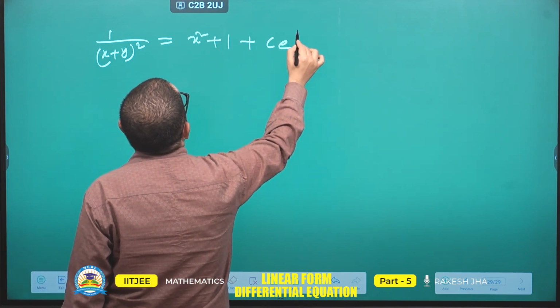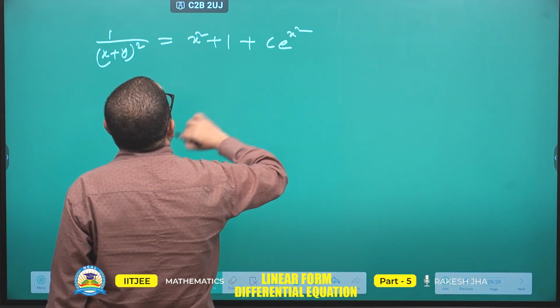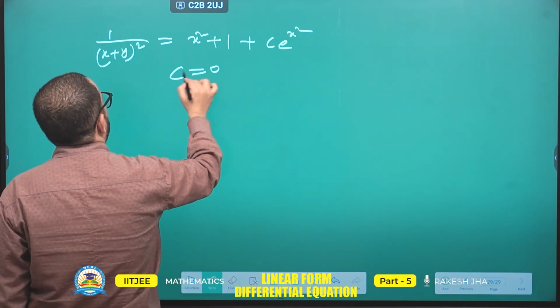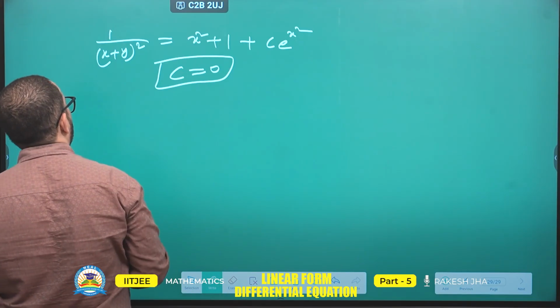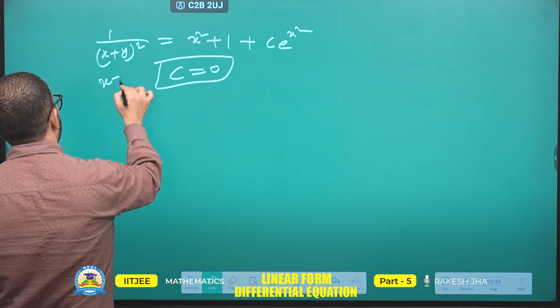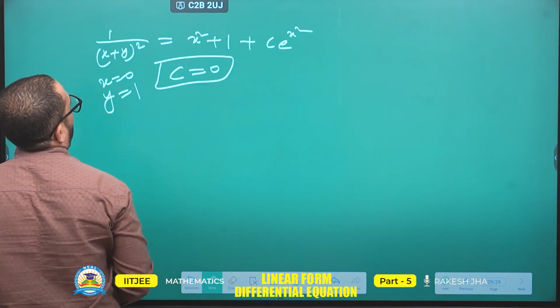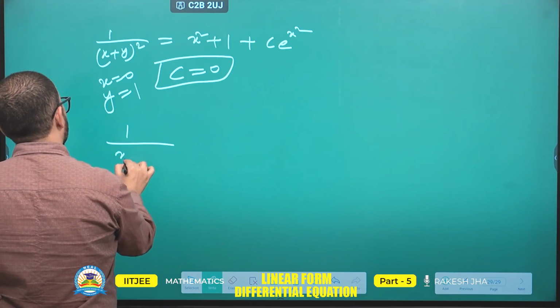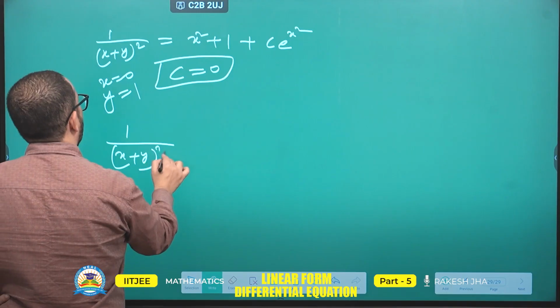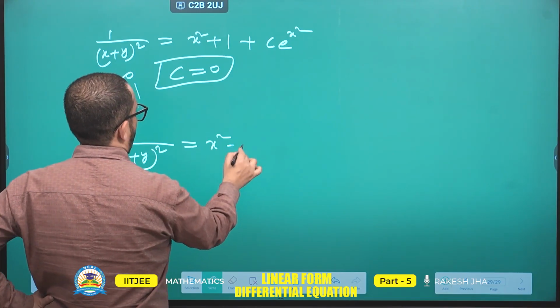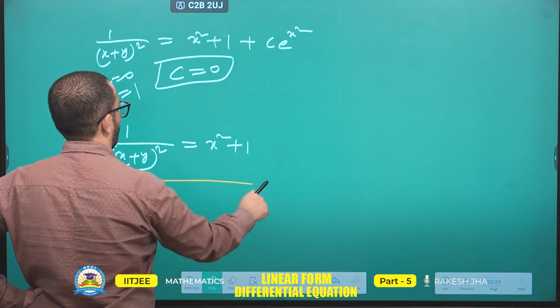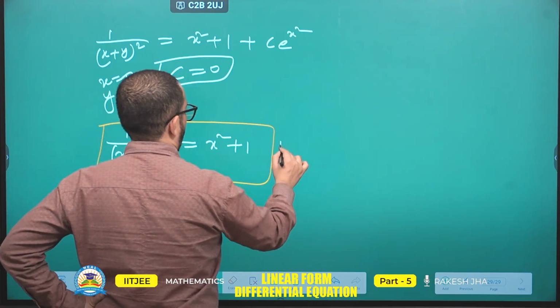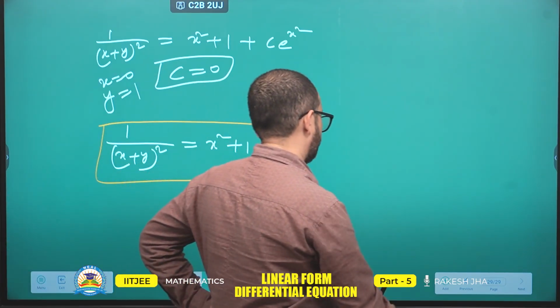We got c is equal to 0 because we had to put x is 0 and y is equal to 1. So finally the particular solution is 1 upon x plus y whole square is equal to x square plus 1. This is the particular solution of the given differential equation.